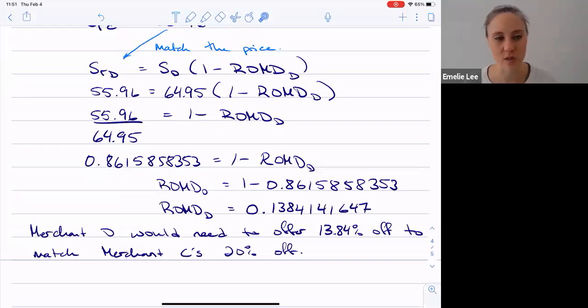So it's the same. This 13.84% off is the same as taking $8.99 off. We don't work with the amount of the discount as much because it's just kind of obvious. The rate of the markdown is the tricky part.